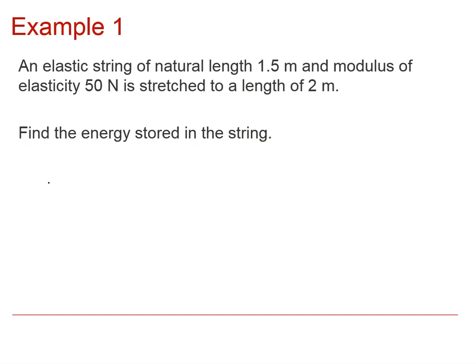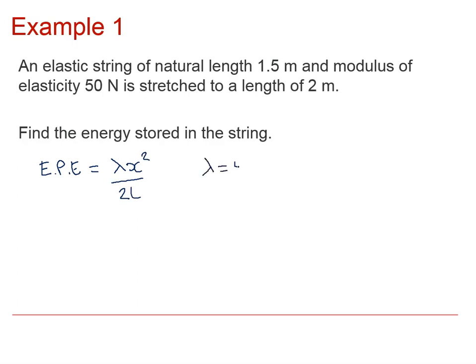So let's have a look at this first example. We've got an elastic string of natural length 1.5 meters and modulus of elasticity 50 newtons, and it's stretched to a length of 2 meters. Find the energy stored in the string. So we know that the energy stored in the string is the same as the work done. So the elastic potential energy is lambda times x squared over 2L.